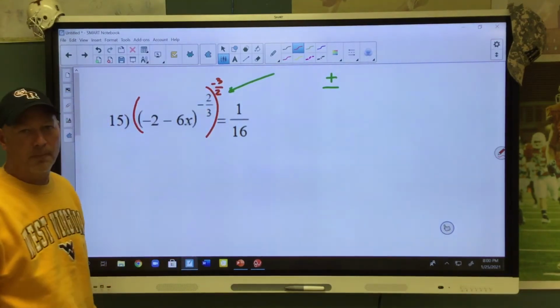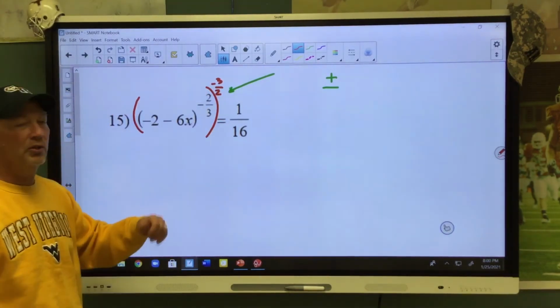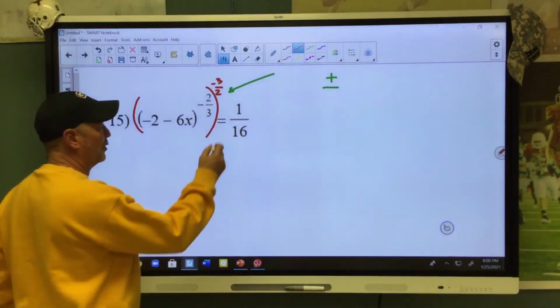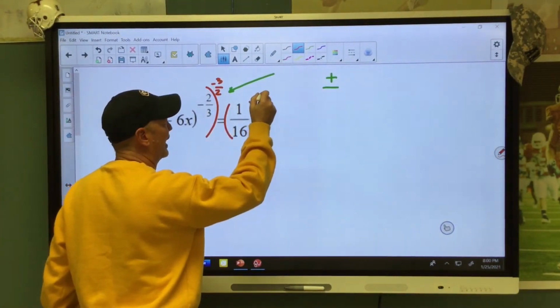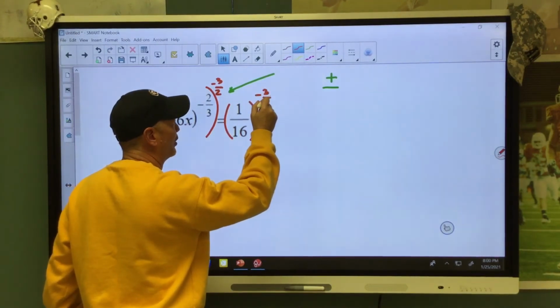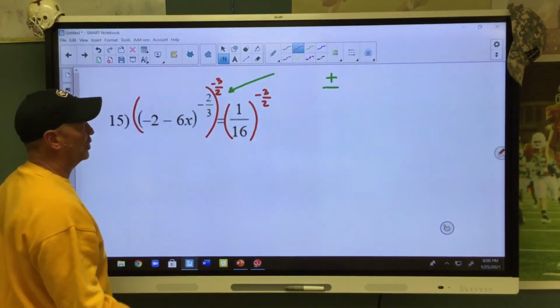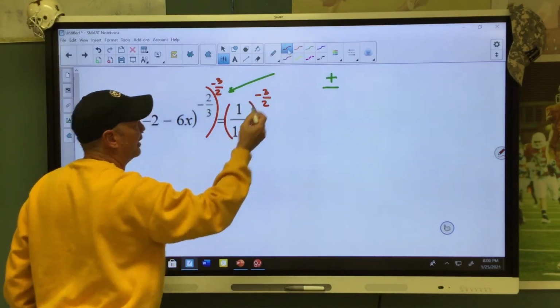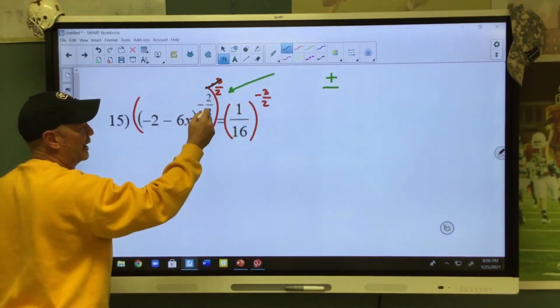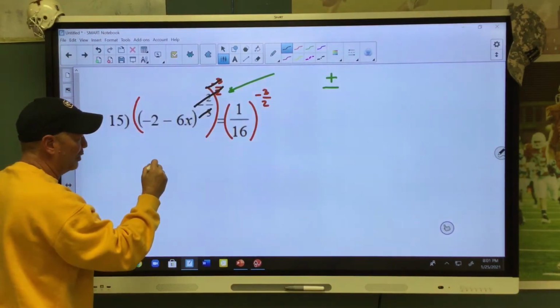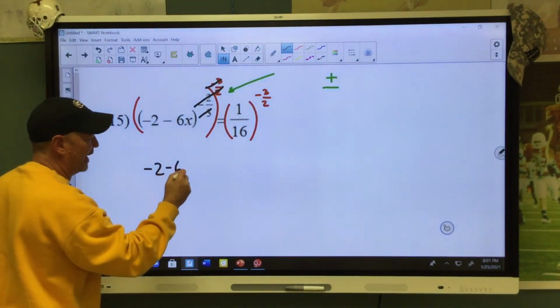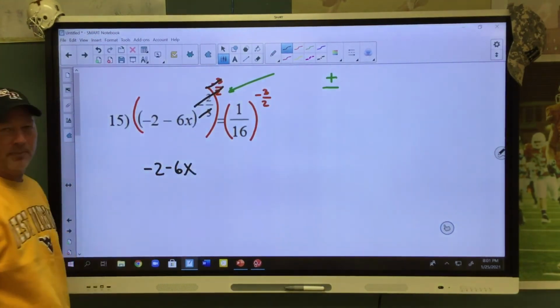And whatever we do to the left side, I'm going to have to do to the right side. So we're going to raise the power to the negative 3 over 2. Just like always, the negative 3's are going to cancel, the 2's are going to cancel. My negative 2 minus 6x drops out.